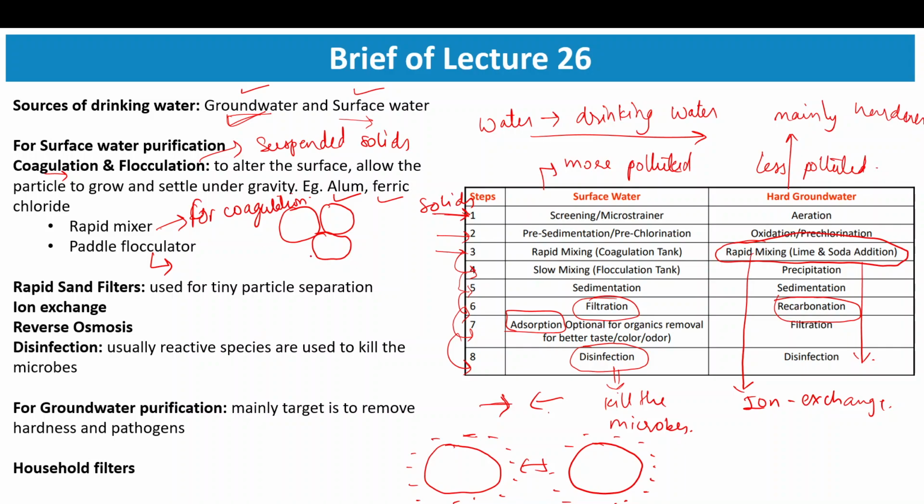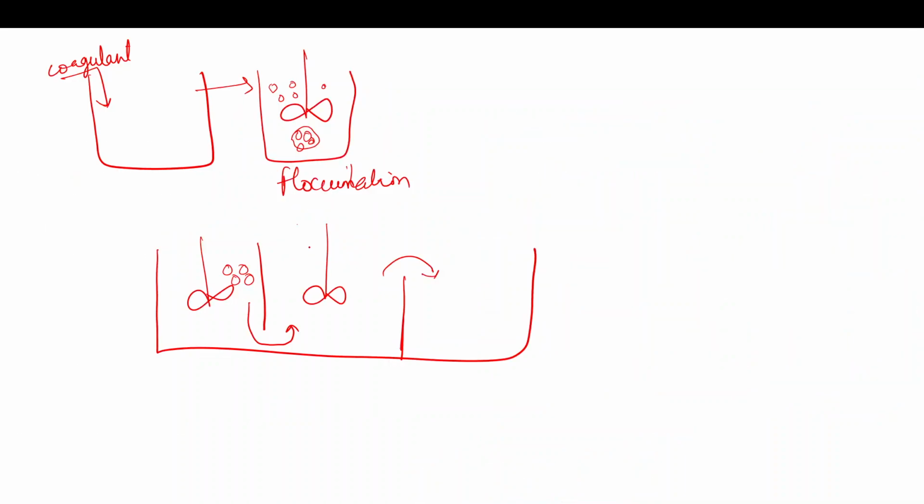Now after this flocculator, it goes to a sedimentation tank. Once it goes here, the bigger flocs that are formed are allowed to settle, and due to this tapered design, the settling will be more efficient.